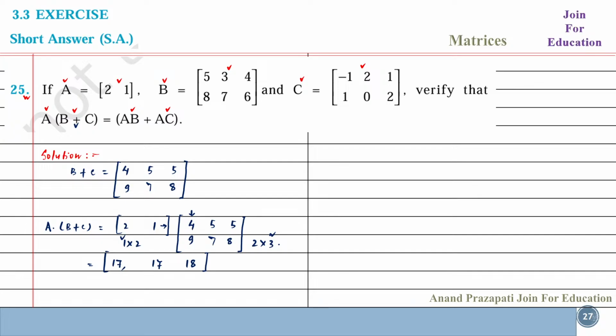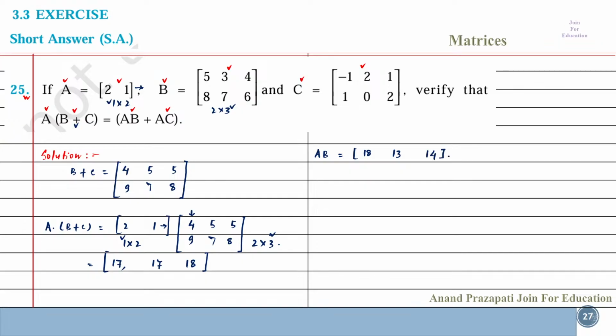Now we find out AB. So AB equal to, here the order of this one is 1 by 2, and the order of this one is 2 by 3. So the order of the product of AB will be 1 by 3. So here will be 2 into 5 plus 1 into 8, which is 10 plus 8, 18, and 6 plus 7, 13, and 8 plus 6, 14.